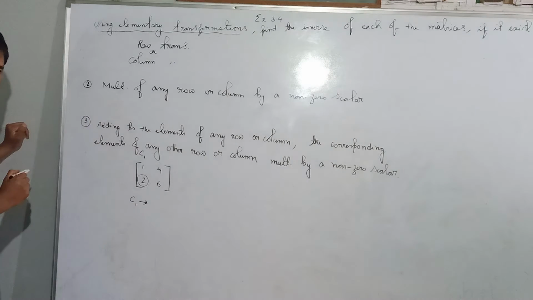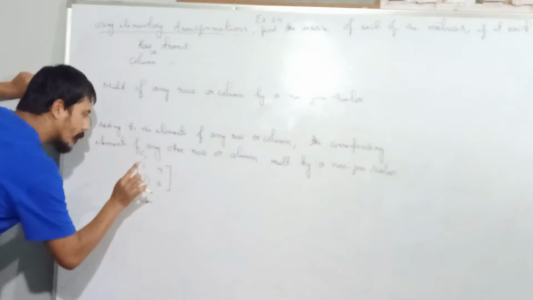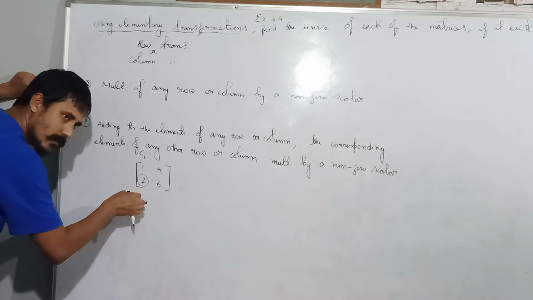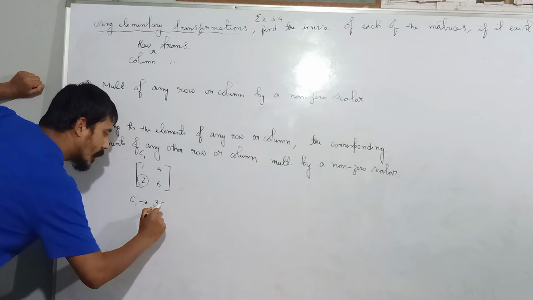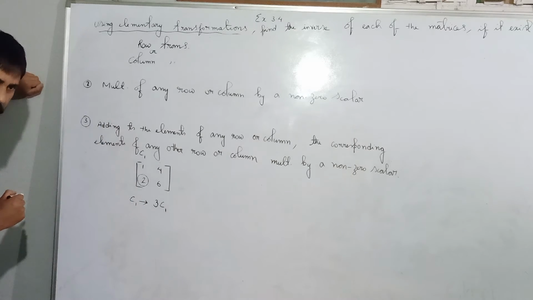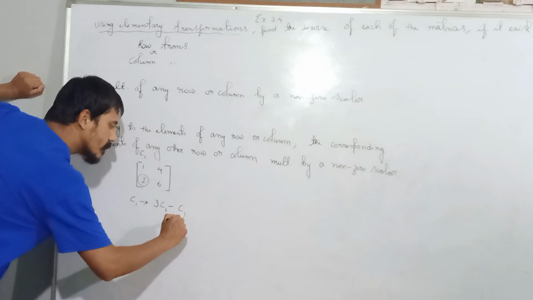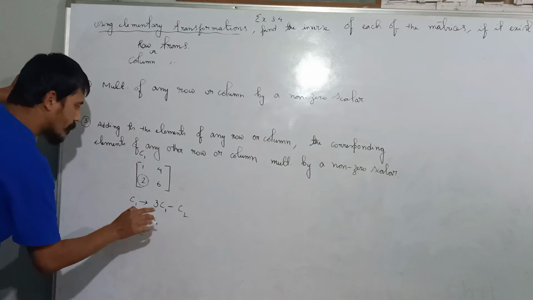C1 has to undergo some transformation. What am I going to do? Since this entry belongs to C1, I'm going to multiply C1 by a non-zero scalar 3 and subtract it from C2. Then what happens?